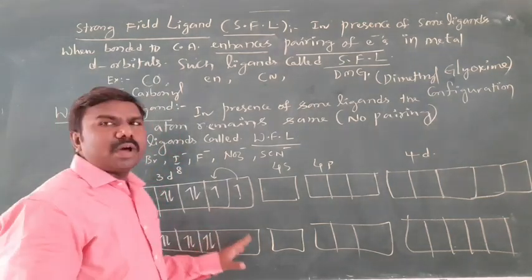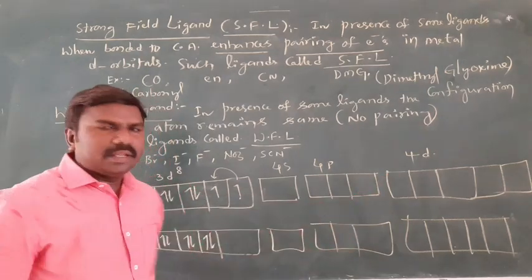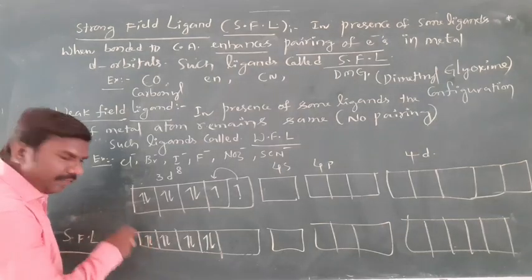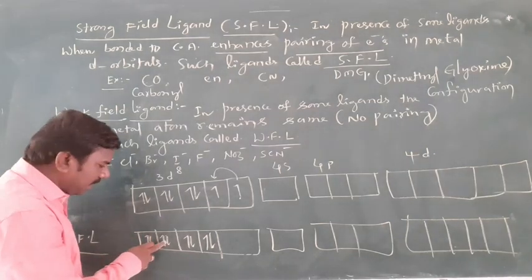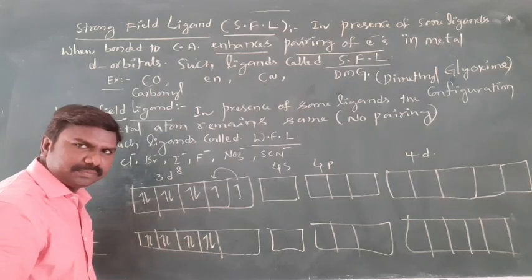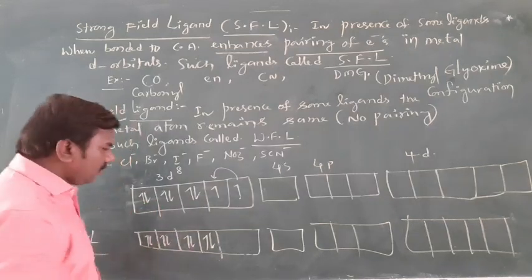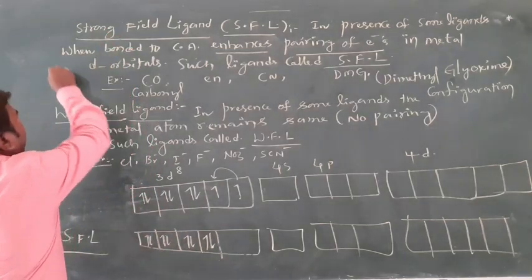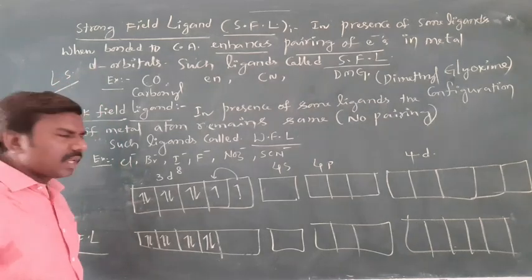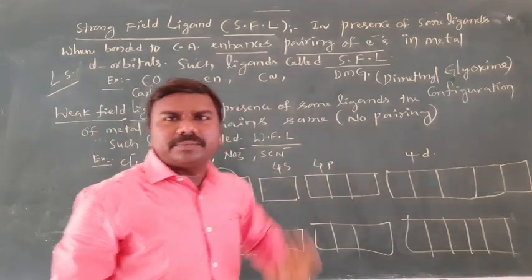So this one is involved in hybridization, starting from this. And all are paired. First one is plus half, second electron minus half. Plus half minus half, plus half minus half, plus half minus half. Total is 0. It means spin is low. In presence of strong field ligand, we can observe low spin complexes. If it is a weak field ligand, no pairing.